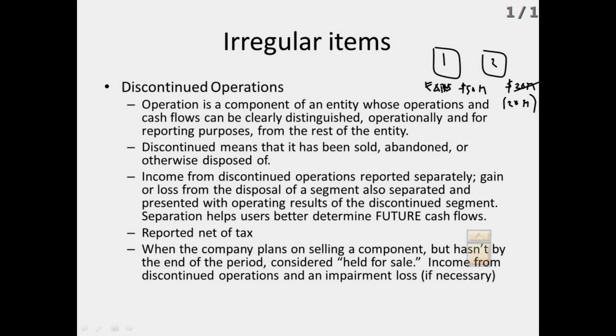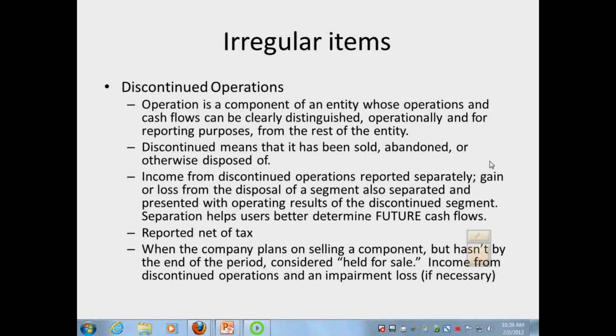But it's only the income that's going to show up here prior to the sale. Once I sell it, then not only the income from the current period, but also, if I have a list of assets, I sell those. If I get a gain or a loss on those, that also will show up down here. Okay? It'll be much clearer if we use an example, and then you can see how it works.